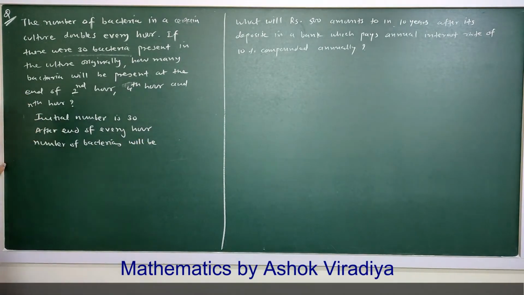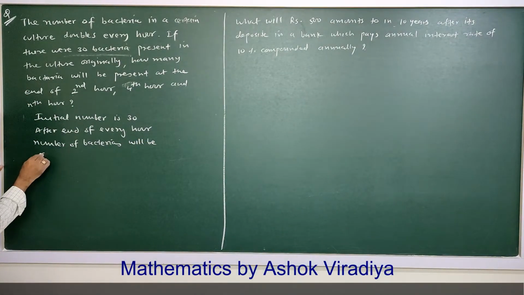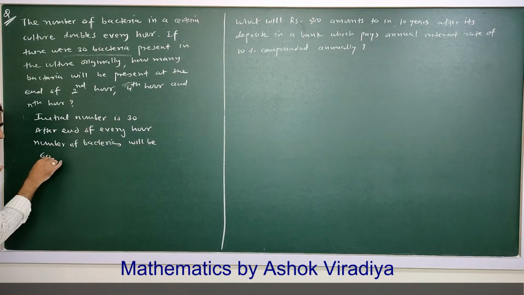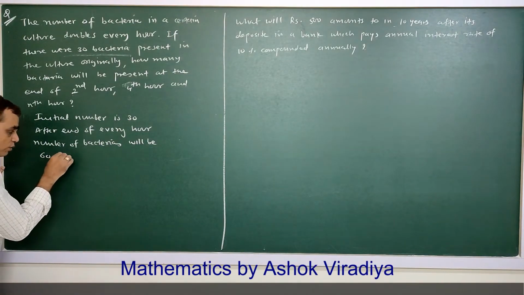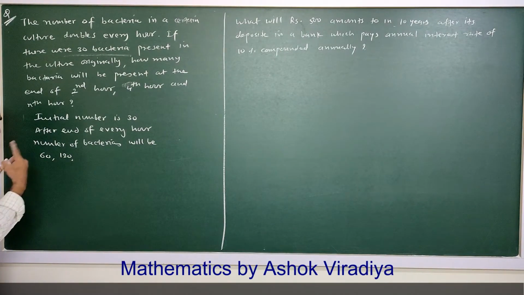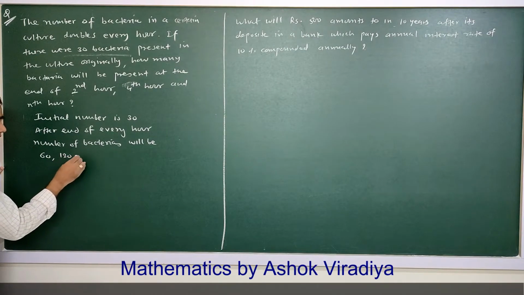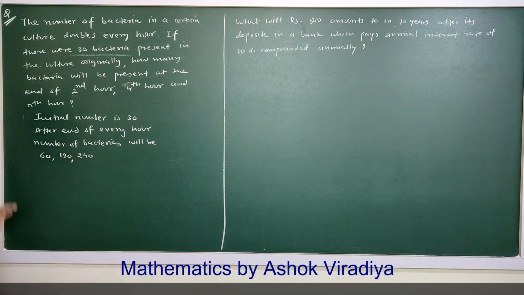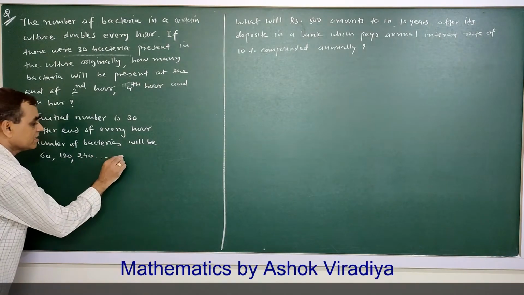will be, say after end of first hour it's double, that is 60. Then after end of second hour 120, double. After end of third hour, that is it's double, 240. So this is a GP.